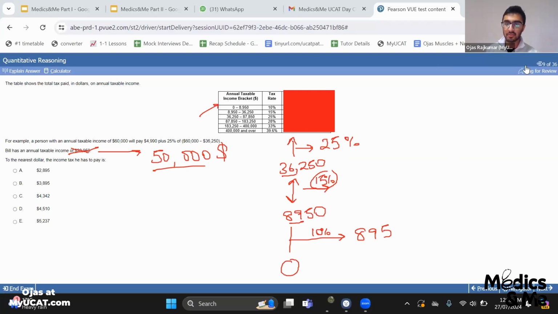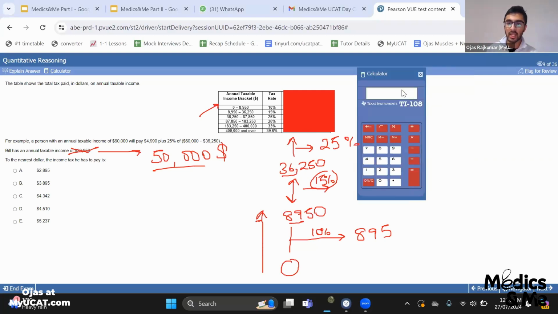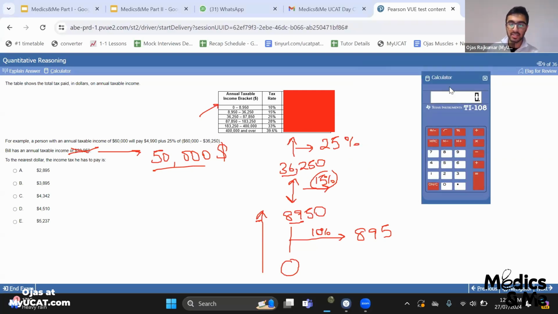So first we filled up the first tax bracket, and the first tax bracket was your first £8,950. And we paid the 10% on that, that's 895, that's sorted. Now what we might want to do is work out the next tax bracket. So to start off with, I've got my 895 on the calculator, and I'm going to add that to memory because we've already worked that out.